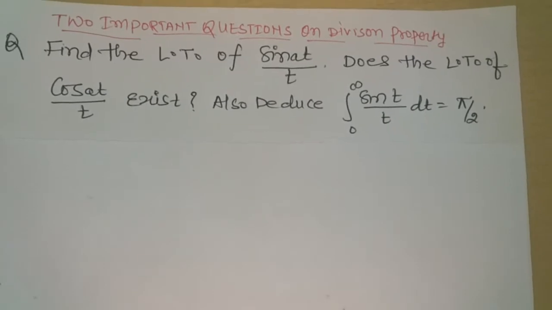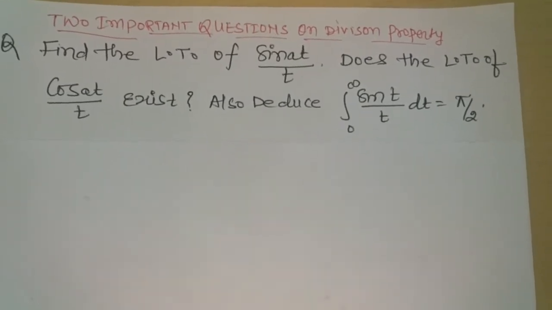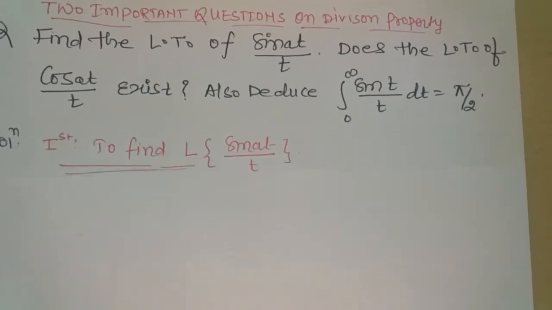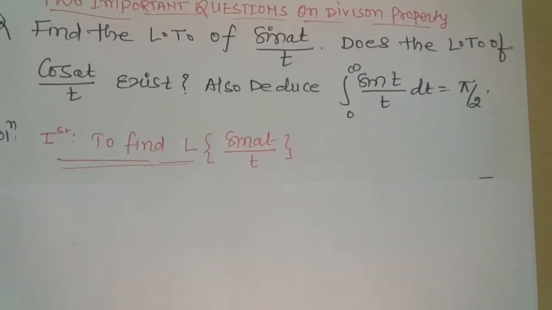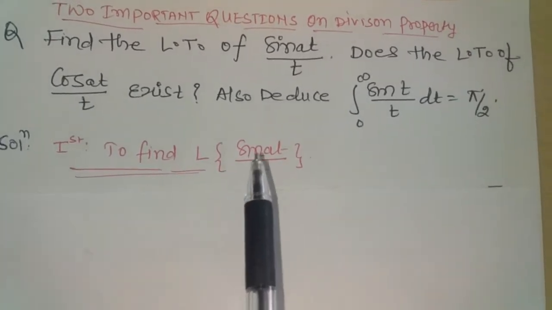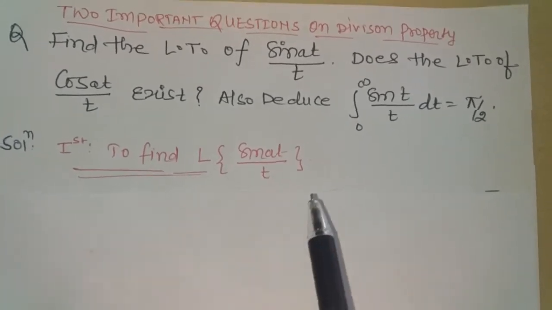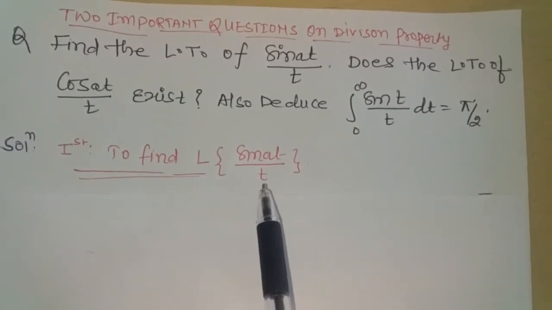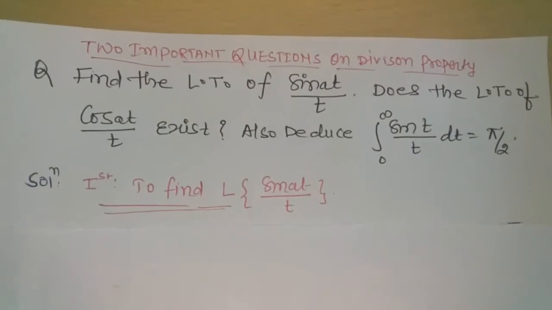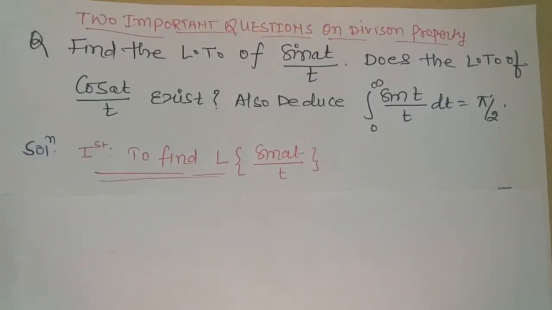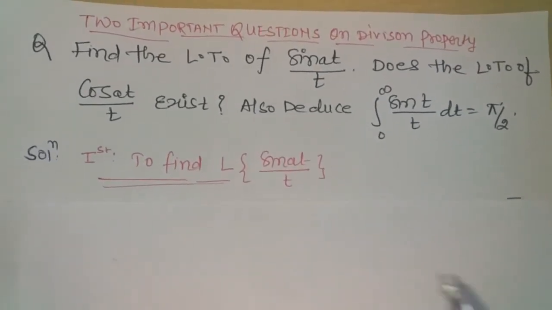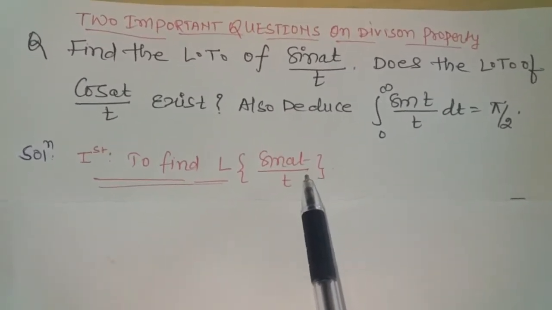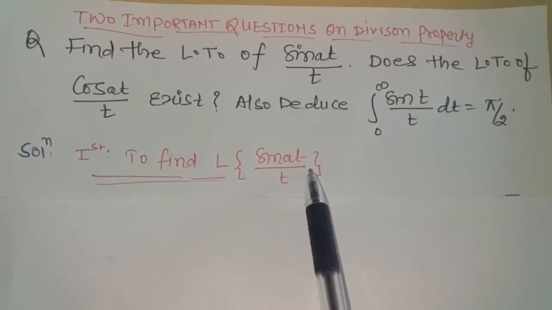So in the first part we are going to find the Laplace transform of sin at by t. Since the function is sin at divided by t, to find its Laplace transform we use the division by t property. First we assume sin at is f(t) and find its Laplace transform, which we denote by f bar s.